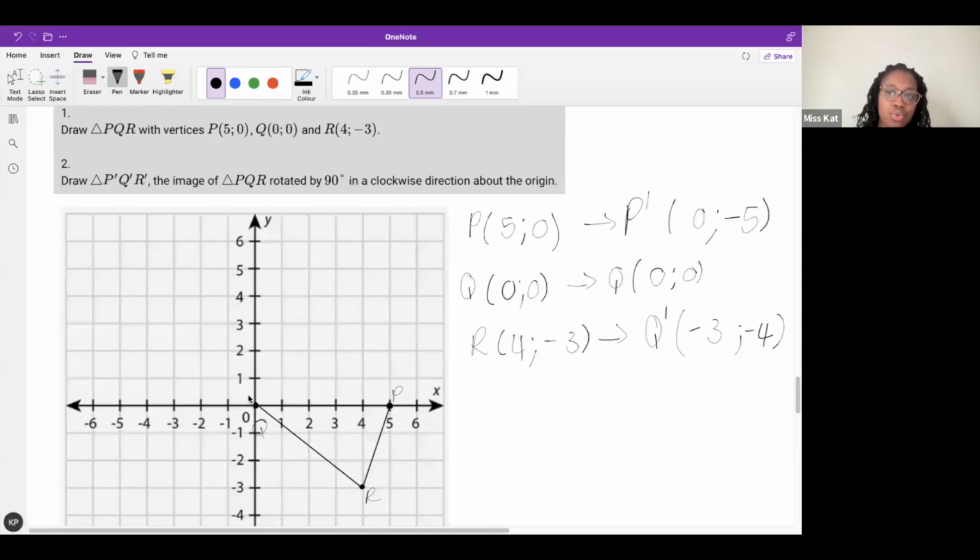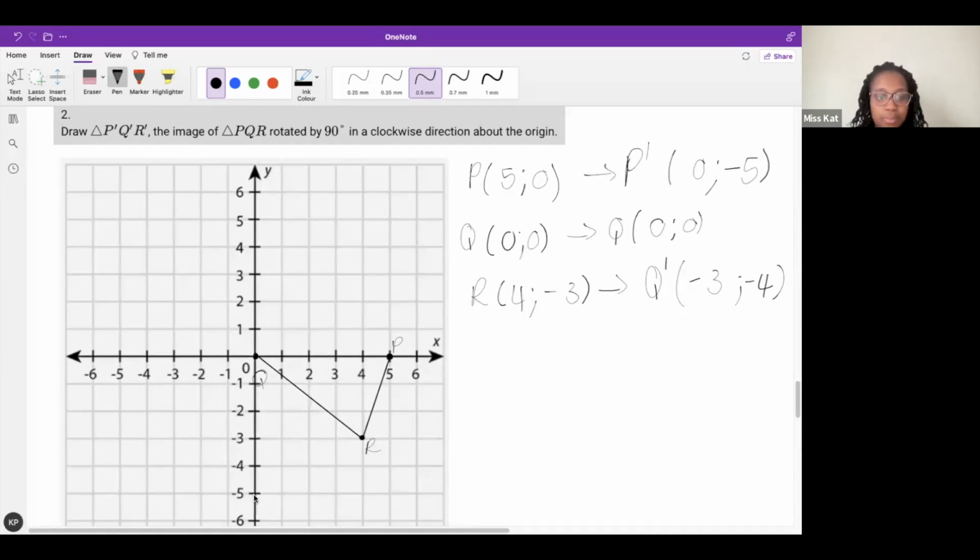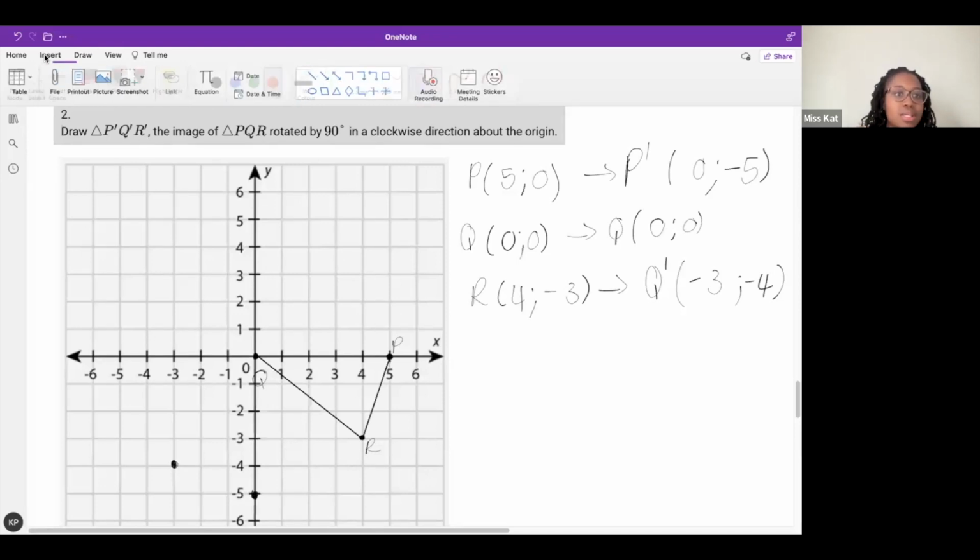Let's plot our new P. It's 0 and -5, which is all the way down here. And then R is -3 with -4. Maybe I should do it in a different color so that we can see the difference.